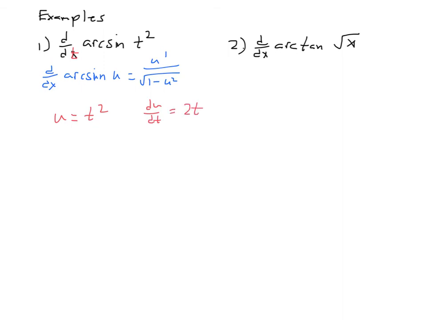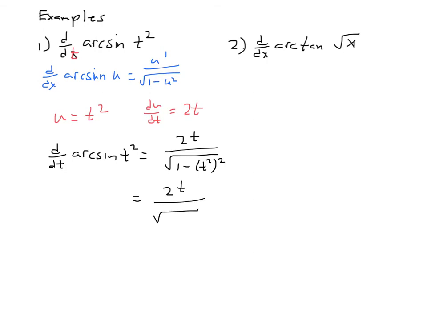And so the derivative with respect to t of the arc sine of t squared is going to be 2t over the square root of 1 minus t squared squared, or I'll get 2t over the square root of 1 minus t to the fourth.